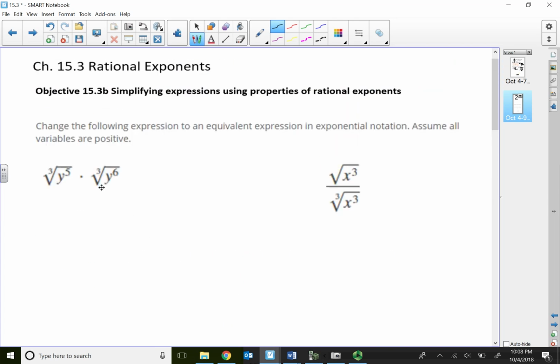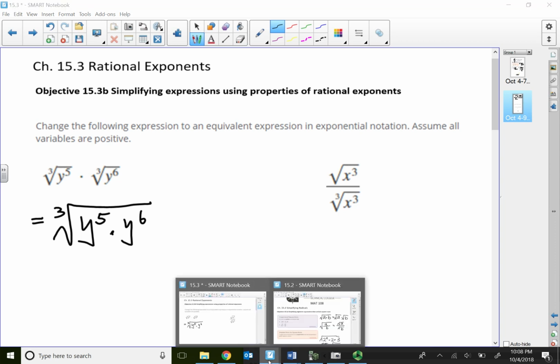Right now, both of my radicals have the same root, and I'm doing multiplication, so this is all one term. Technically, I can write both radicands together under the same root. So I can rewrite this problem as the cube root of y to the fifth times y to the sixth power.